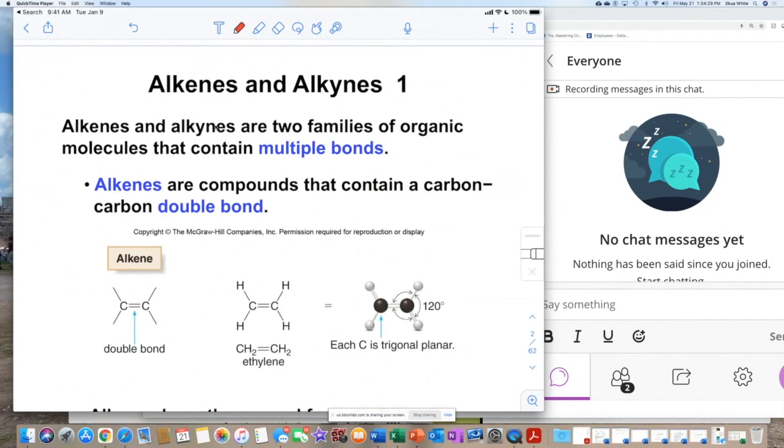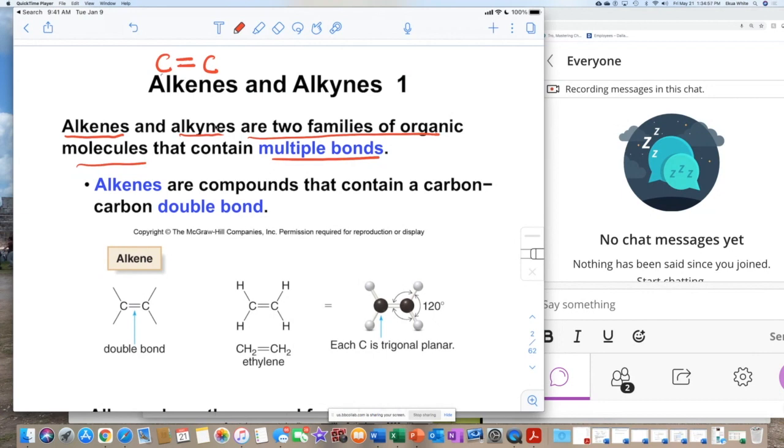So I'm going to start with alkenes and alkynes. Chapter 11 has us studying both at the same time, and I took a bunch of slides out to focus on the most important parts. With alkenes and alkynes, we're looking at two families of organic compounds that contain multiple bonds. I mentioned this yesterday. Alkenes have at least two carbons holding a double bond.